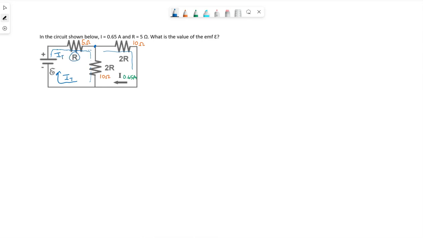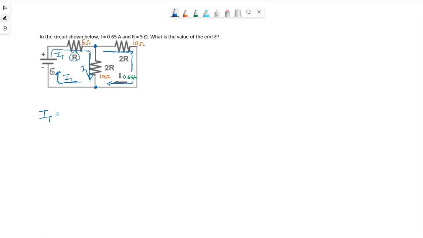That would flow through R. But as soon as we reach this junction, some of it goes through this middle resistor, and some of it comes through the path that takes it through this right-hand side, which they've told us this current. These two currents come back together at this bottom junction and become the total current again, headed back to the battery.